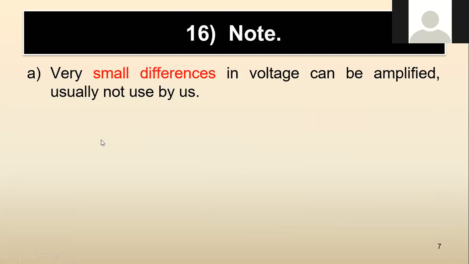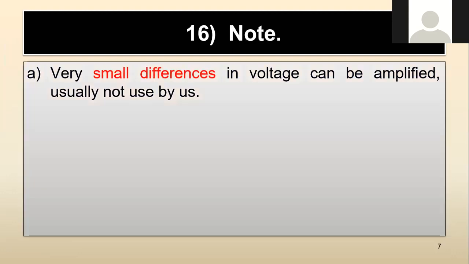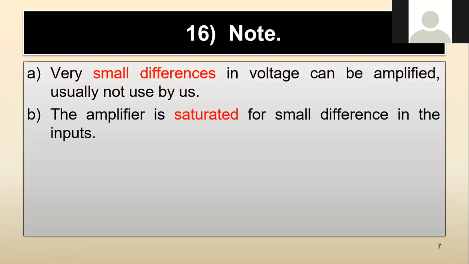A very small difference in voltage can be amplified, but usually we don't use such small voltages, like microvolts. And it will saturate if our voltage difference is too large.